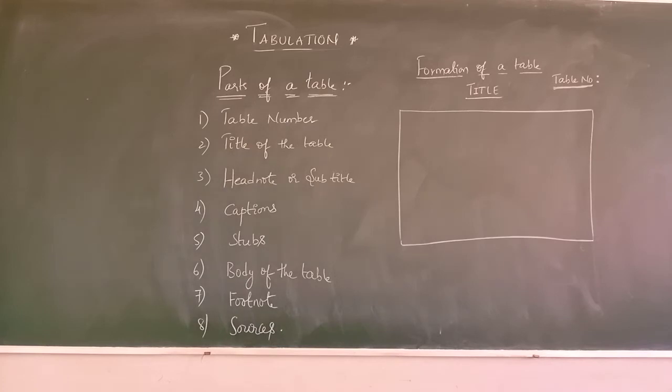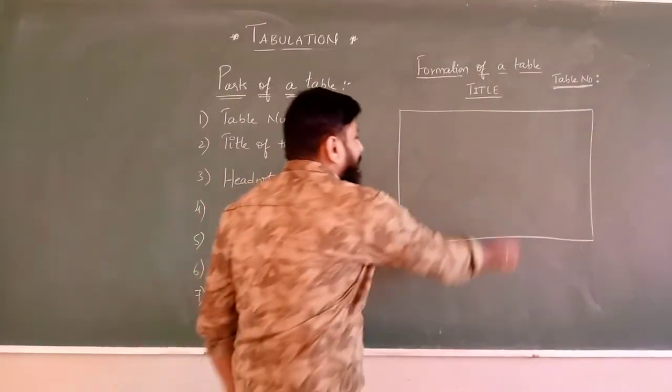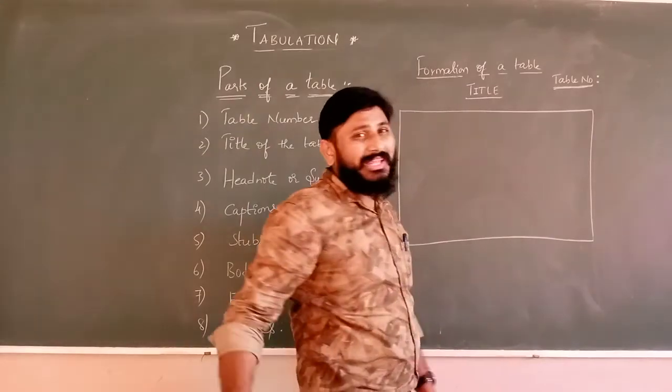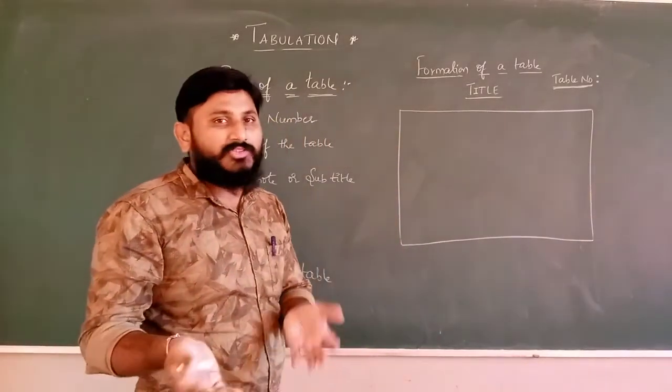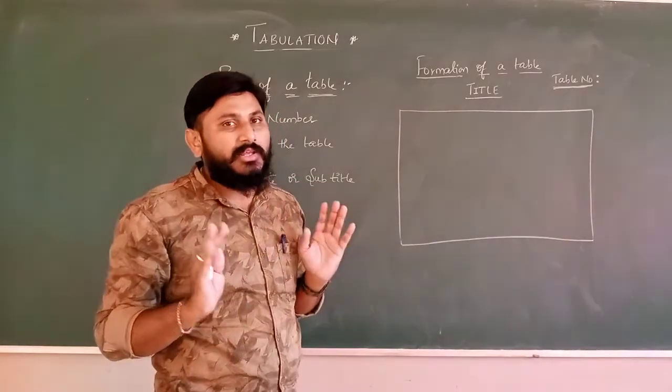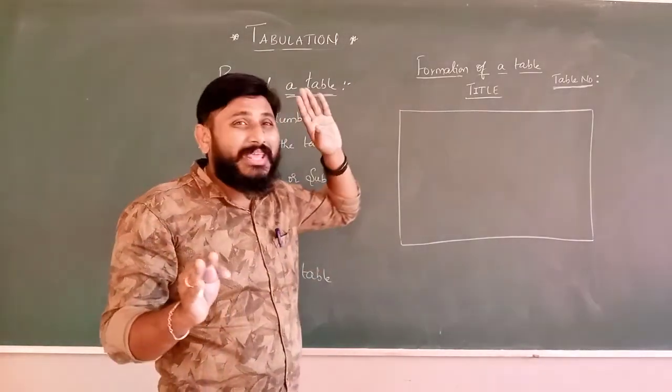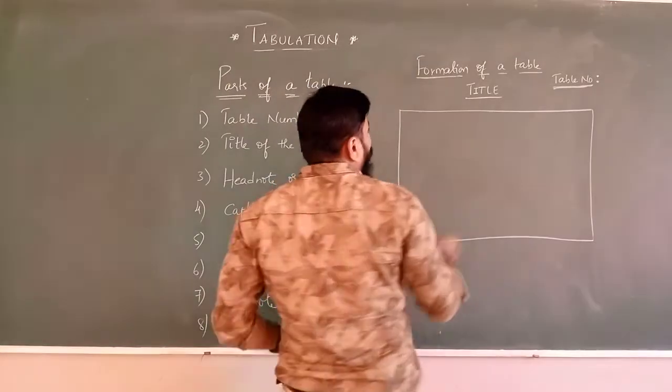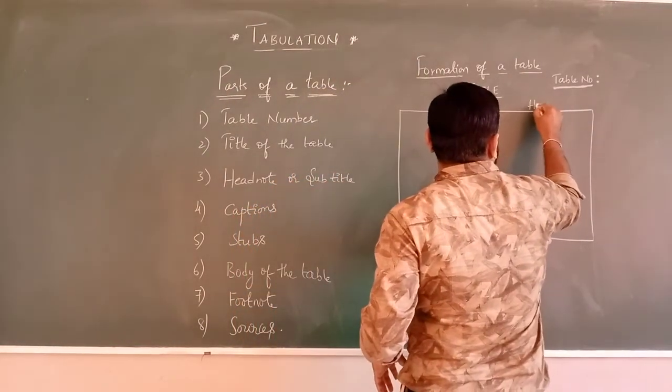Next one is head note or subtitle. What do you mean by head note? Generally, if you are presenting any tabular information regarding number of students in any college, number of students means usually 1000 to 2000 like that. So that has to be explained in the form of head note. That can be written here.